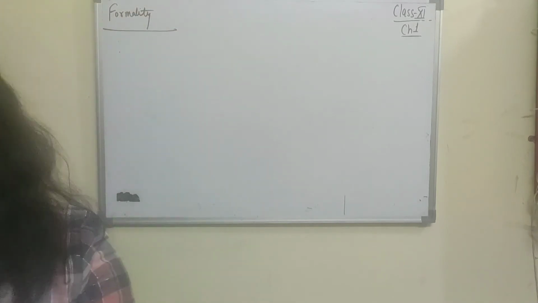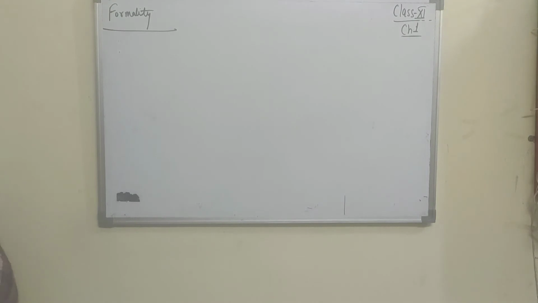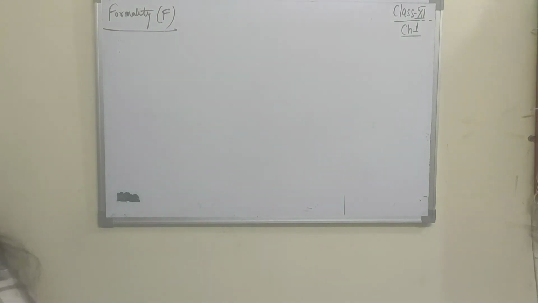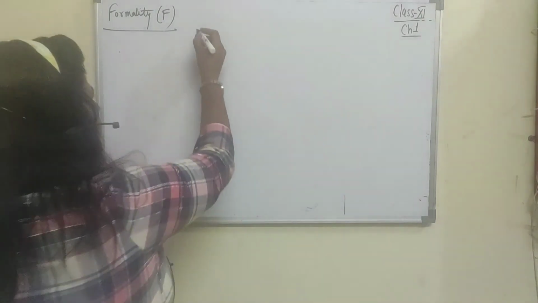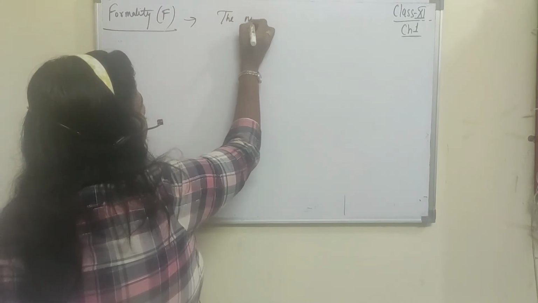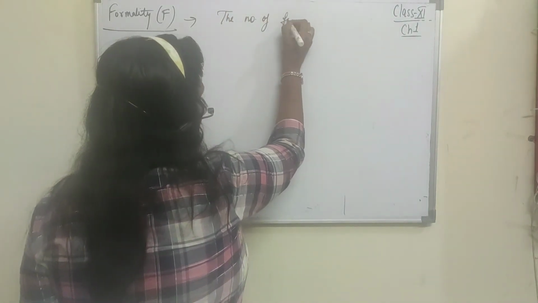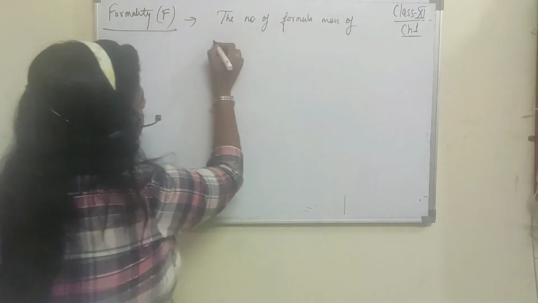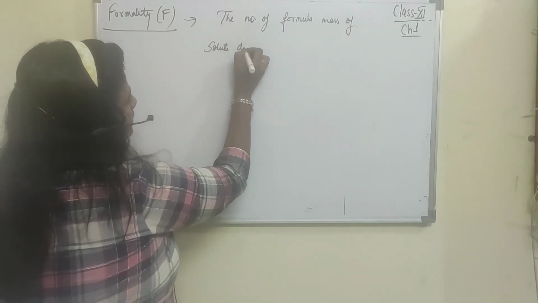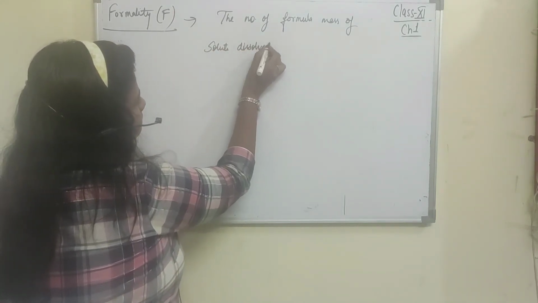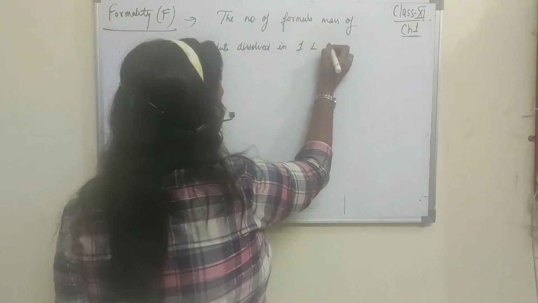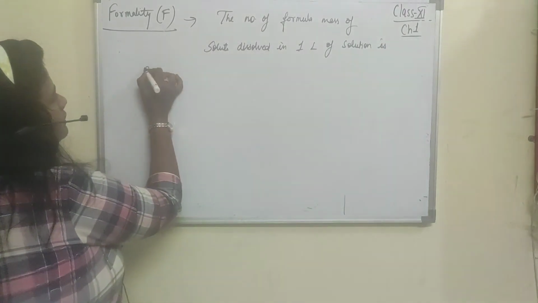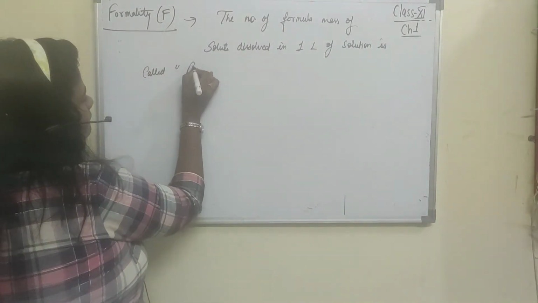Formality of the solution is given by capital F. The number of formula mass of solute dissolved in 1 liter of solution is called formality of solution.